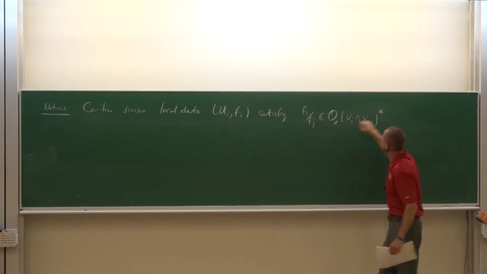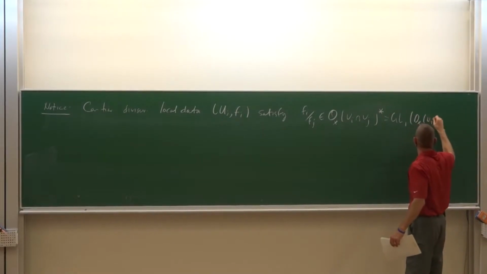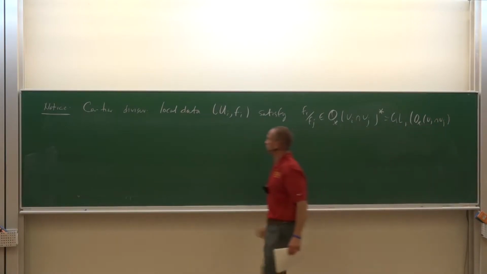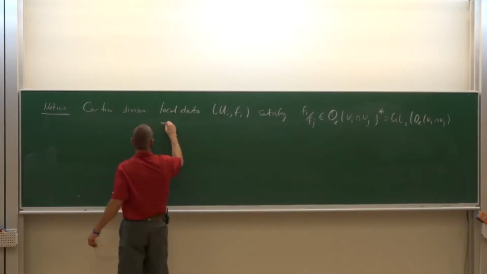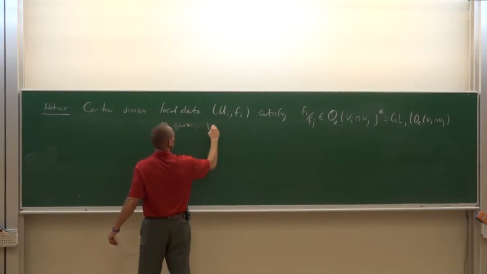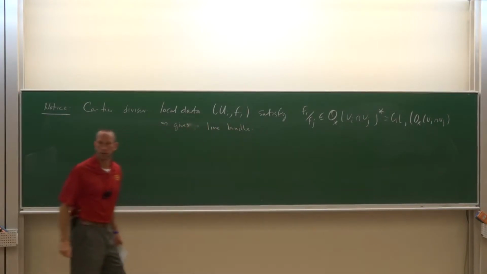Of course, this is exactly GL_1(O_X(U_i ∩ U_j)). So the local data of a Cartier divisor gives a line bundle. Right? You guys are all with me on this so far.